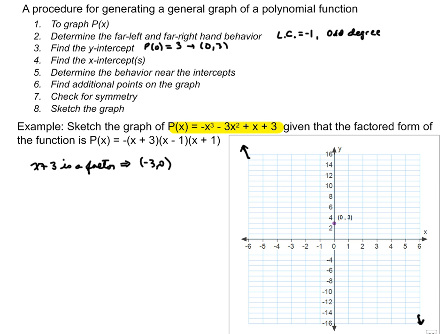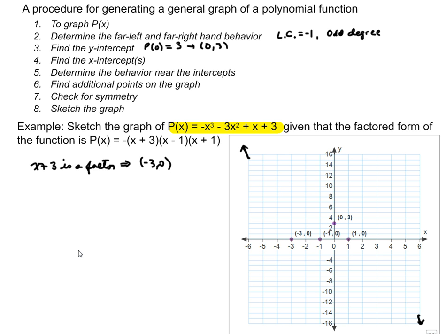So in other words, this graph must pass through the point -3, 0. We also know that x minus 1 is a factor, which implies that 1, 0 is an x-intercept. And if x plus 1 is a factor, then -1, 0 is an x-intercept.